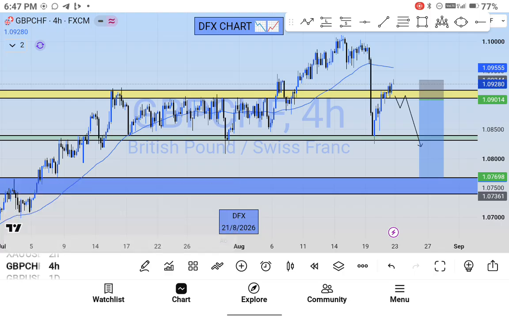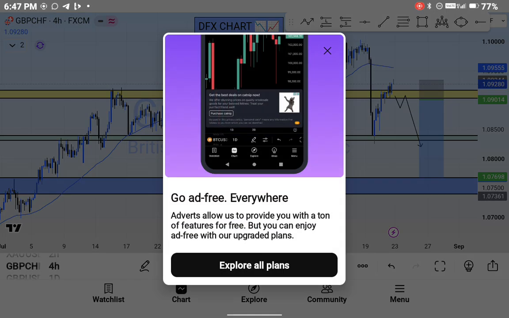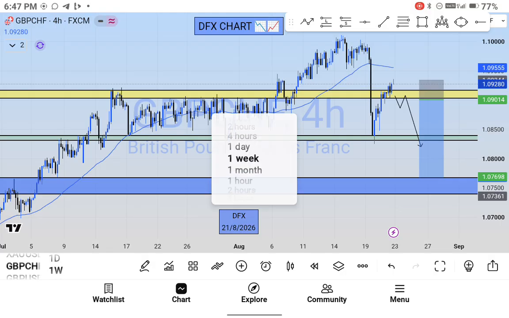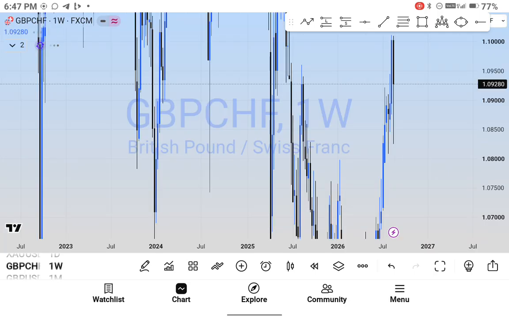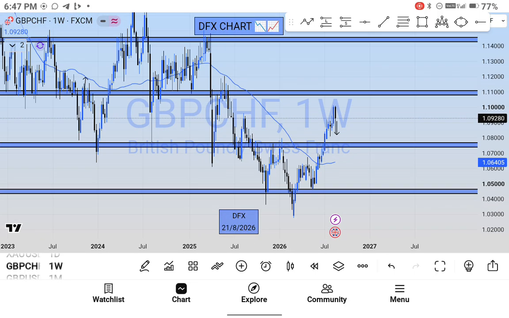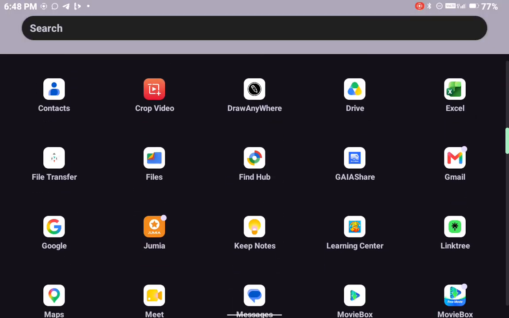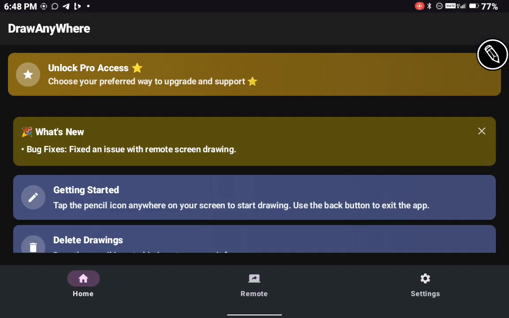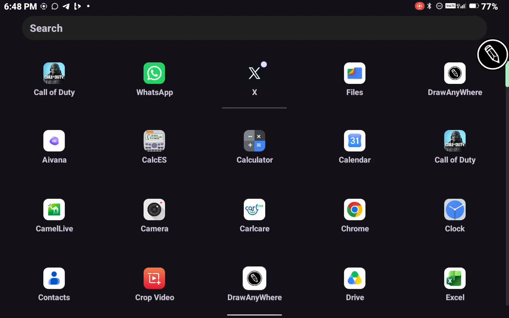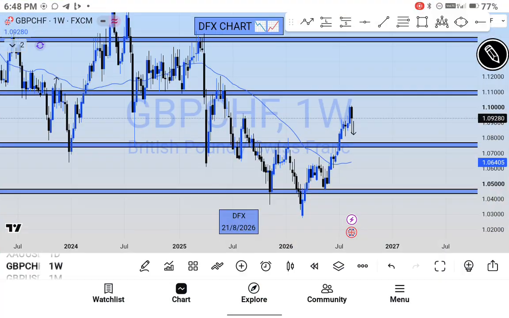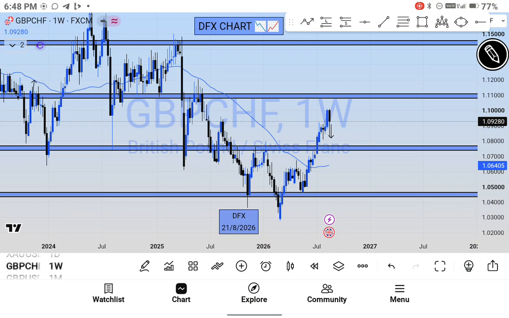All right, so starting from pound CHF on the weekly time frame. Let me bring up my tools. So, okay, pound CHF on a weekly time frame.